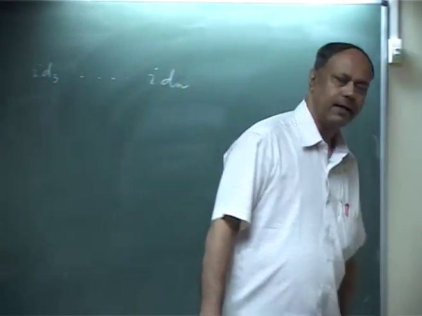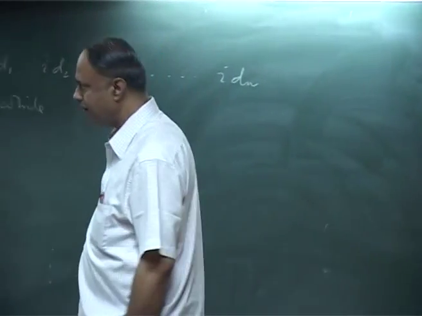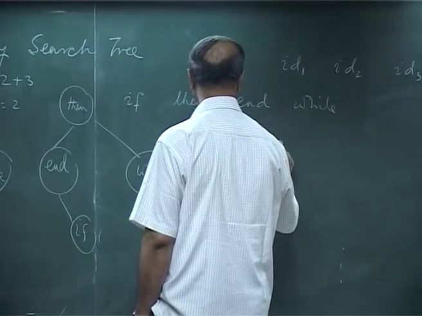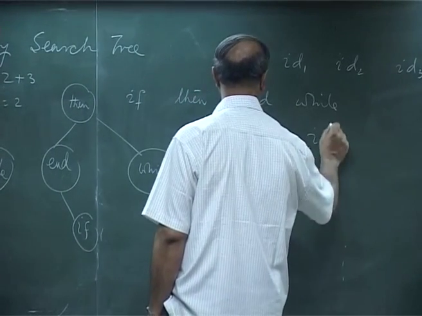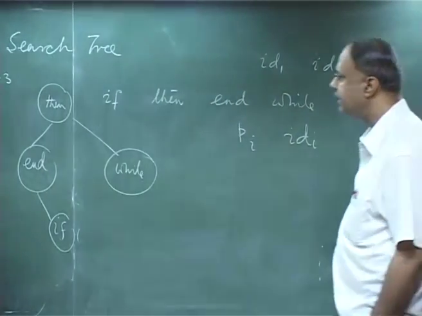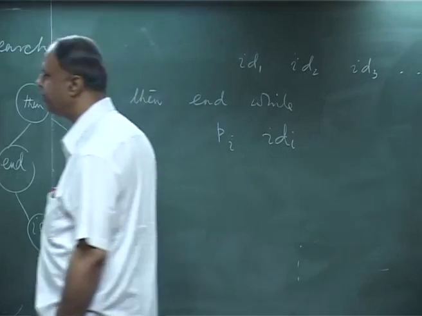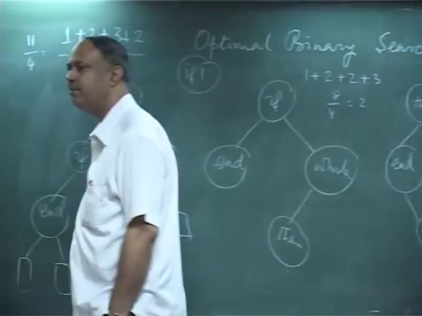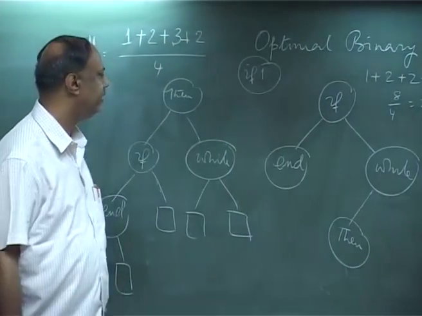So for identifier ID1, the probability of successful search is Pi, and you observe that if I have n identifiers, then there will be n plus 1 failure searches.